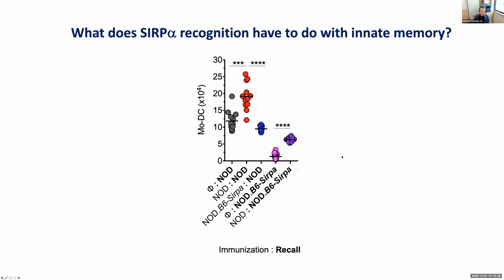So in summary, SIRP-alpha mismatches are necessary to generate innate memory responses, but they're not necessary for the recall response. And then again, if you get rid of CD47 in the recipient, you cannot elicit any response at all.